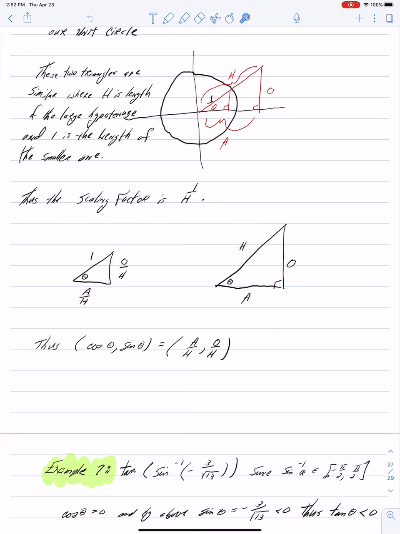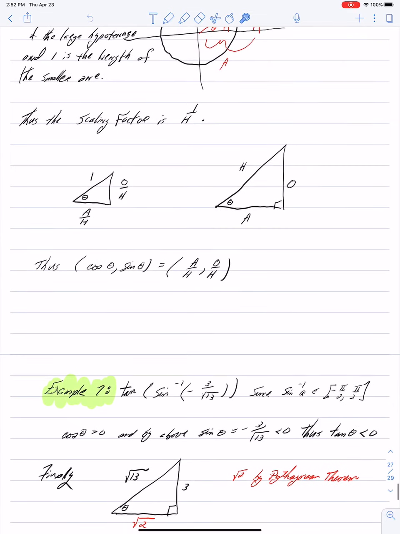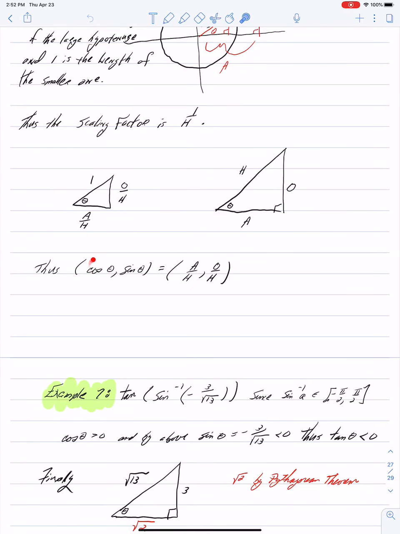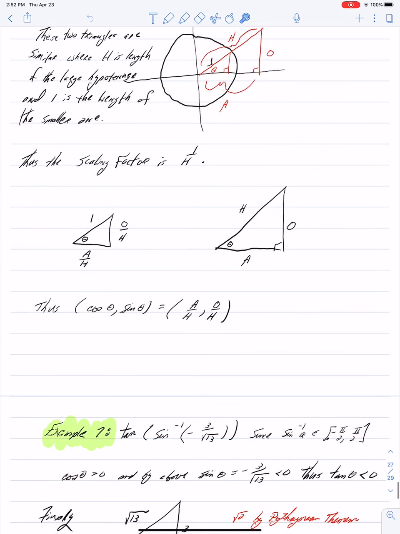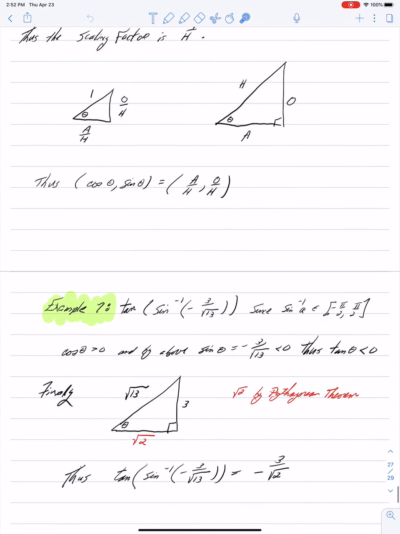All right, so the other sides in my smaller triangle are what? O divided by H and A divided by H. But if you look at that, this is A divided by H. That corresponds to the x coordinate of this point. Hence, cosine theta is A divided by H. Sine of theta, the y coordinate of this point, is O divided by H, and there you have it.